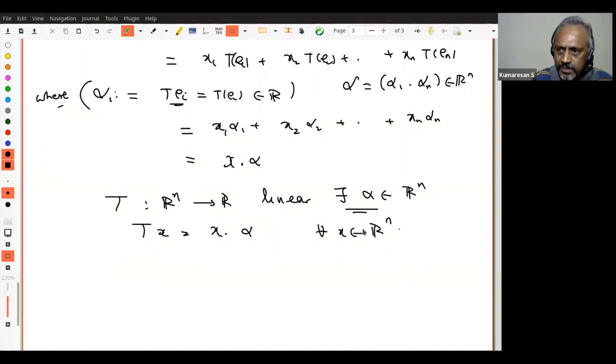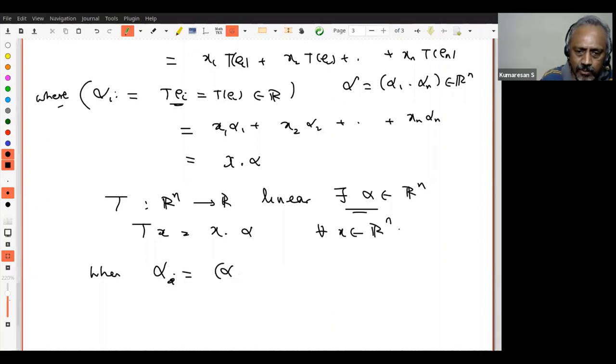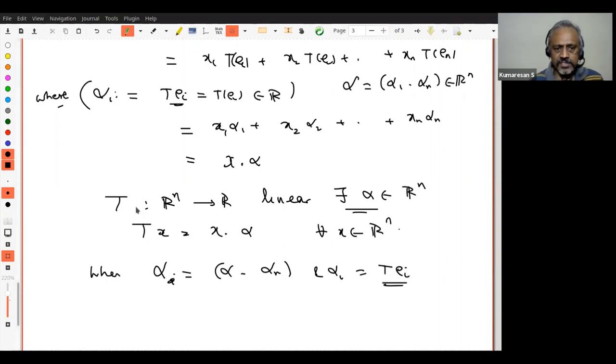I don't simply say, like God exists, that it exists. I can show you the God now. This is nothing other than alpha equal to alpha 1, ..., alpha n, where alpha i is T of ei. Since T is given to be a linear map, T of ei is a real number, call it alpha i, then form the n-tuple alpha. This is a vector in Rn. So I know this vector.